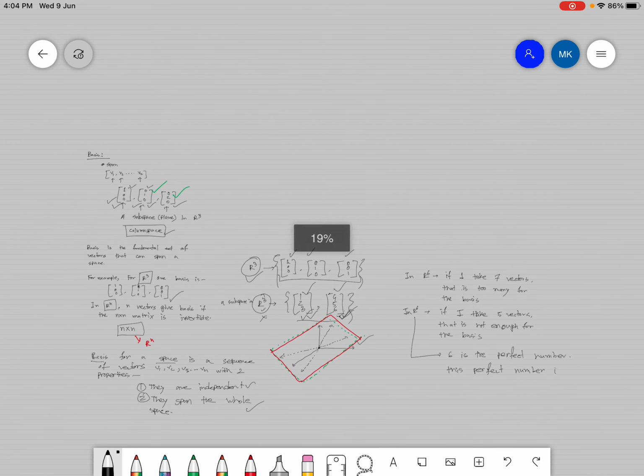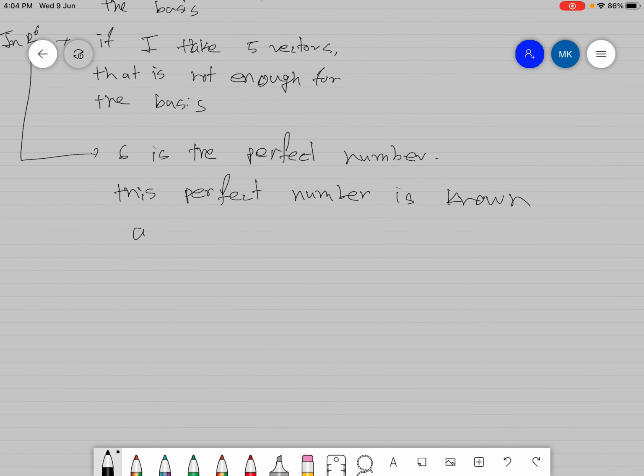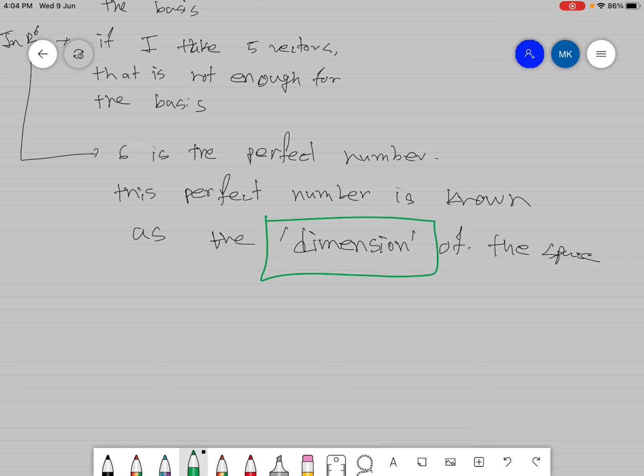And this perfect number is known as the dimension of the space. So this is the concept of dimension of a space.